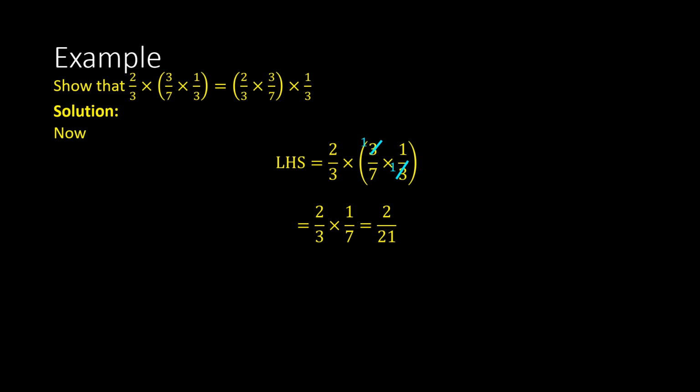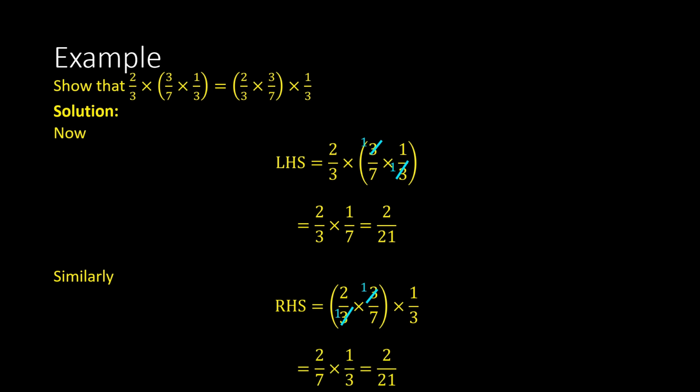And multiplying this out gives us 2 over 21. Similarly, on the right-hand side in brackets, the 3's cancel, as shown, to give 2 out of 21, and we have therefore proved that the left-hand side equals the right-hand side, and that for this example, multiplication of fractions is what we call associative.